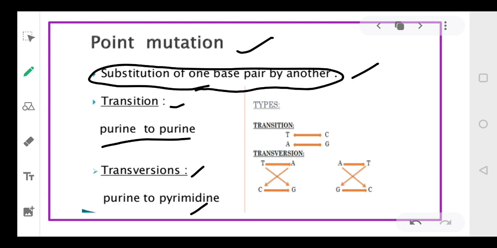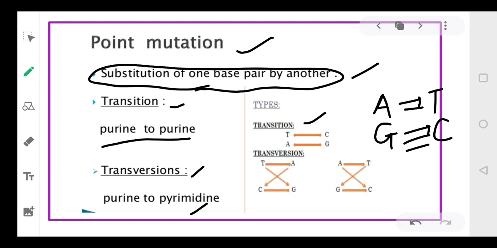Suppose you are taking an example in case of transition. See, pairing always occurs between A and T, and G and C. This is called normal pairing, right everyone? A is always paired with T with the help of a double hydrogen bond, while G always pairs with C with a triple hydrogen bond.